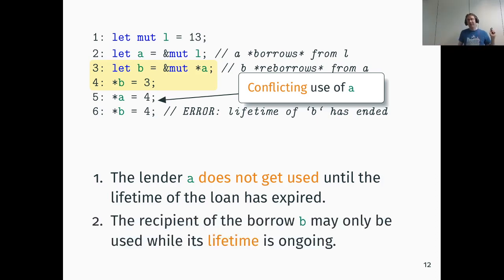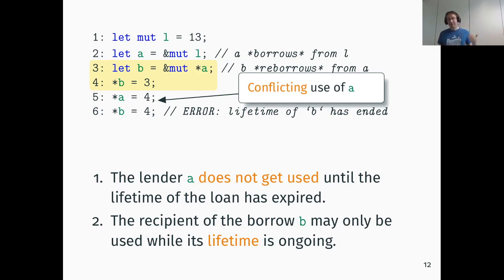And the other rule is that the recipient of the borrow, that's B in this case, may only use the borrow while the lifetime lasts, which means if I lend you a book, you may only use the book while it's lent to you. That also seems fairly natural, I hope. In our case, what this means is that the lifetime of B has to end before line 5, because in line 5 we're using A again.